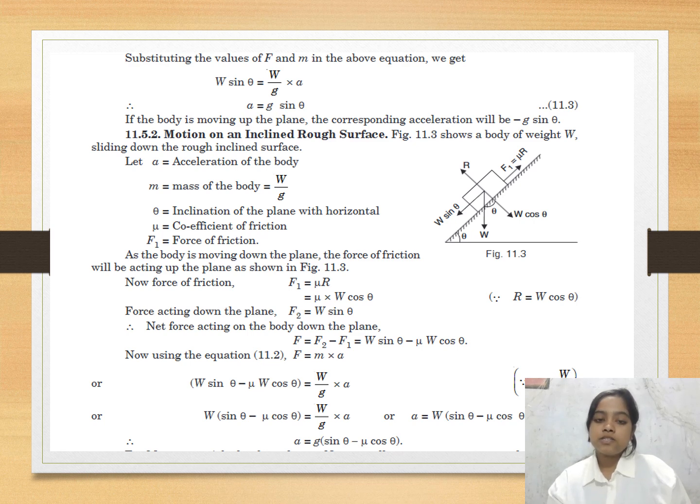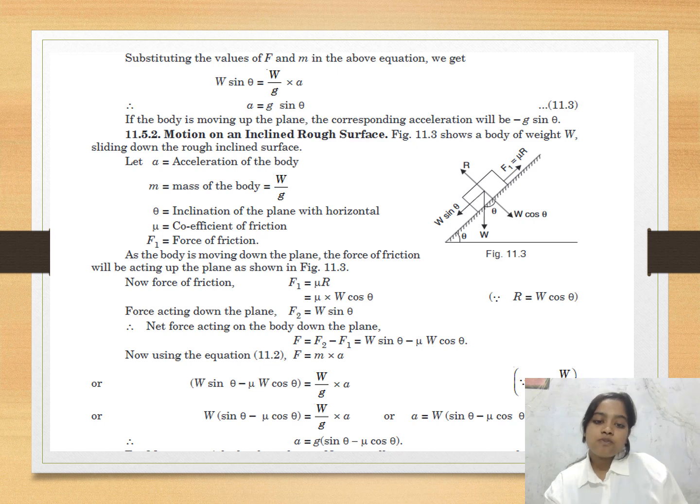Mu R, where R means the reaction, and we know R equals W cos theta. So we can write F1 as mu W cos theta. Now the force acting down the plane, which is F2, equals W sine theta.